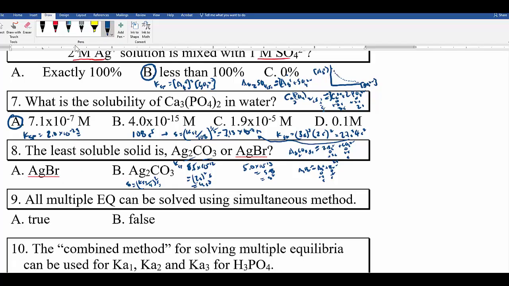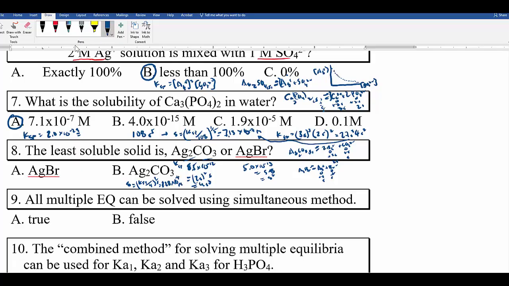And so that's going to be 8.5 times 10 to the negative 12 divided by 4 equals, and then we take the cube root of that, so 1/3 power. I get 1.28 times 10 to the minus 4 molar.